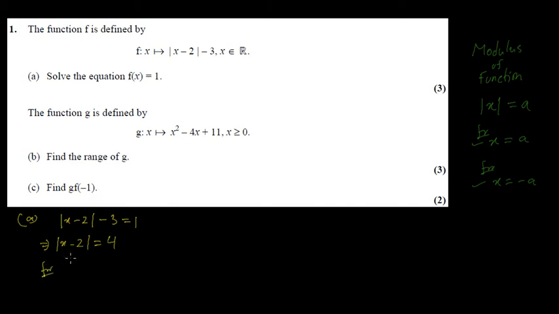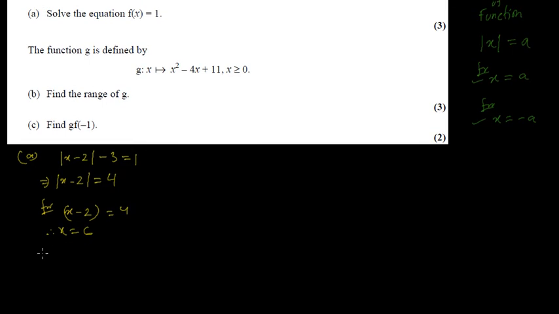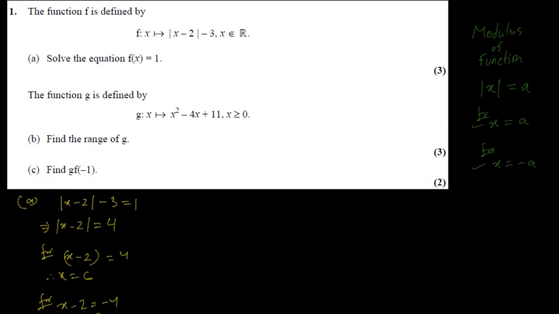So we can write x minus 2 equals 4, therefore x equals 6. And the next thing that we can do, for x minus 2 equals minus 4, this would be x equals minus 2. So when we solve this, the answer is going to be x equals 6 or x equals minus 2. Now it is very important to notice if there is a condition here.